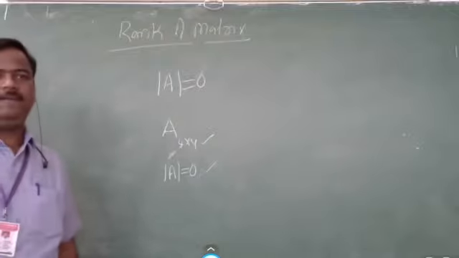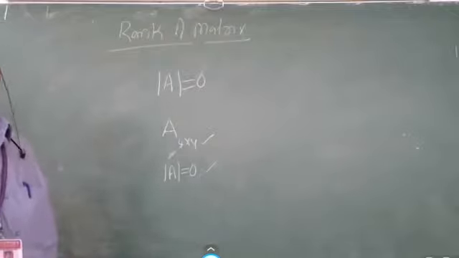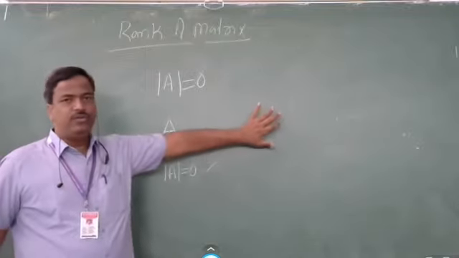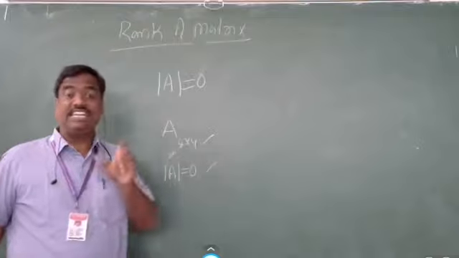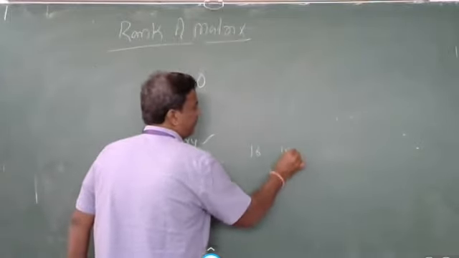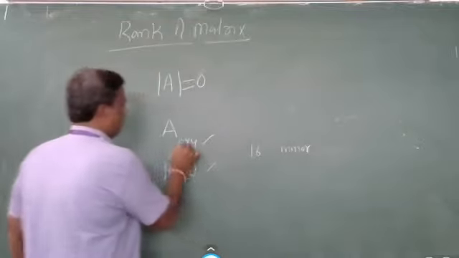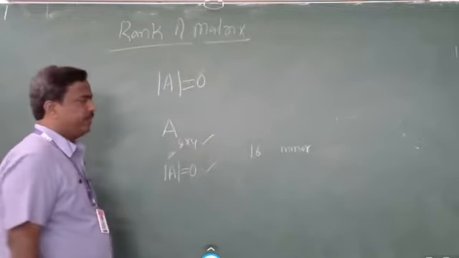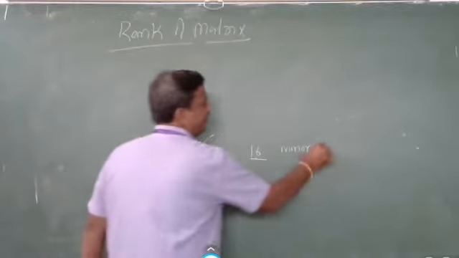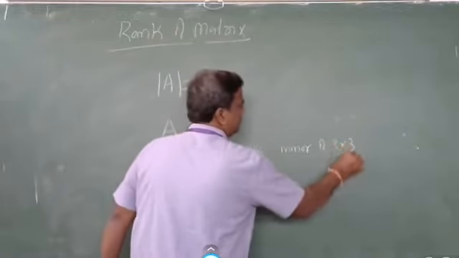Again, that depends on minors. So here you have a 4 by 4. You will get the 16 3 by 3 minors. If the rank of 4 by 4 is less than 4, then you will get the 16 minors of 3 by 3.